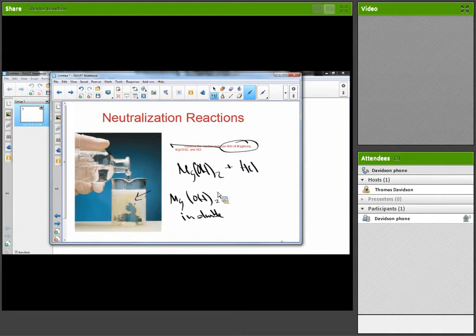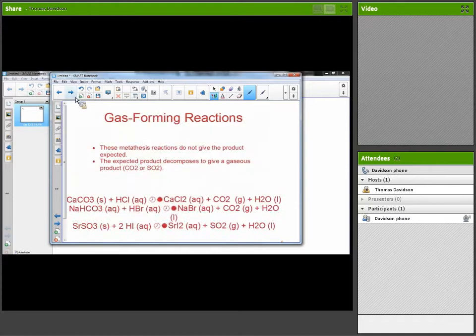You can put it into water, but it doesn't really dissociate. But once it goes down to your stomach, you have the H plus and the Cl minus in there. This will react with that to form MgCl2 plus HOH. Neither one of these hurt your stomach, so you feel a little bit better. There's your biology for a second.